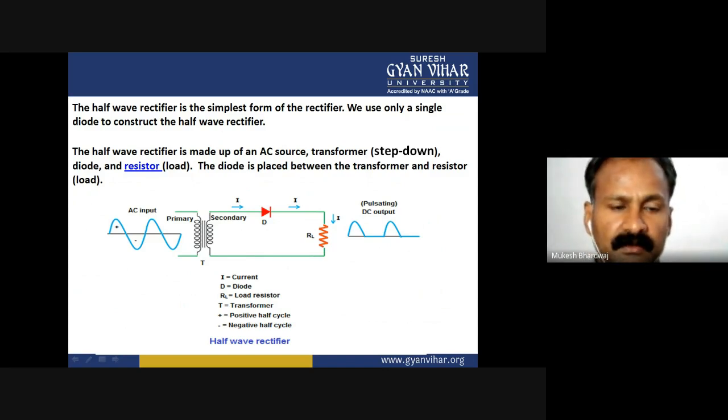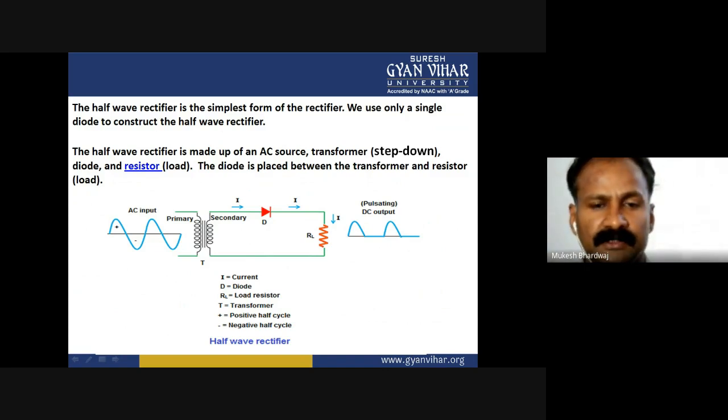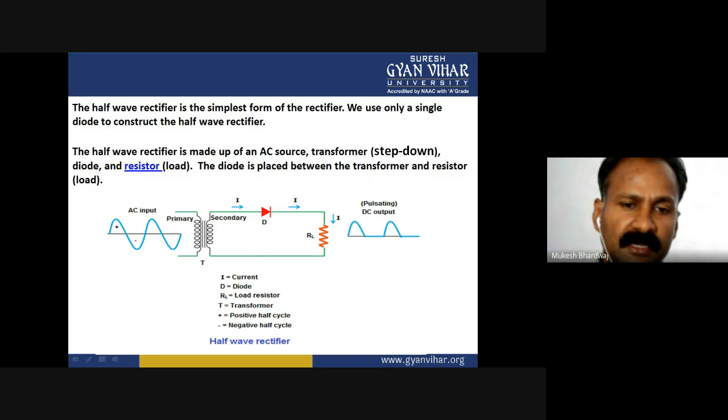But when the direction reverses, or the negative half cycle enters through the transformer, the polarity of the secondary winding gets changed, then the diode comes into reverse biasing, and it will not allow current to conduct through it, and therefore the output drops to zero till the next positive half cycle. So this is the diagrammatic representation.